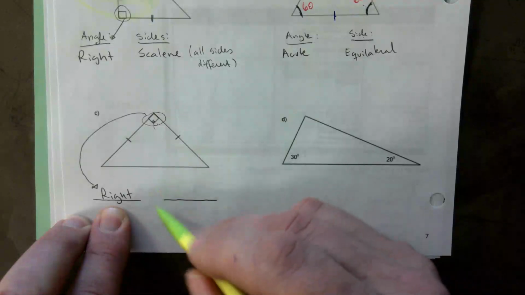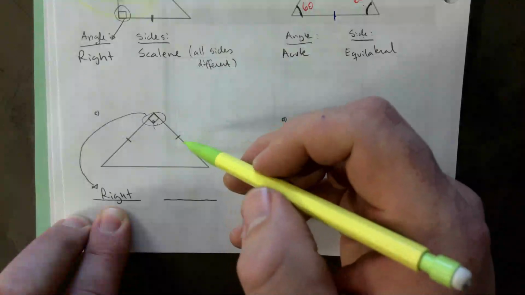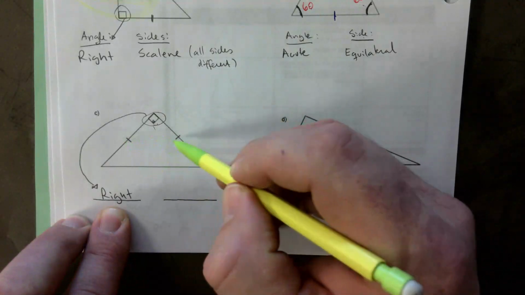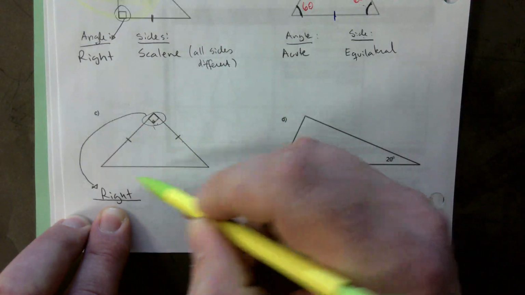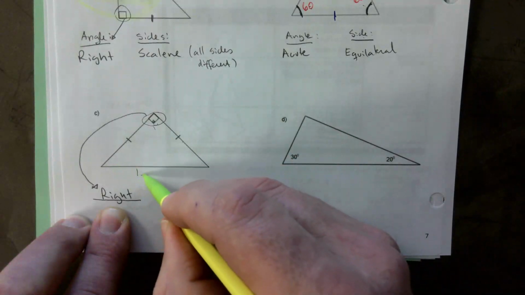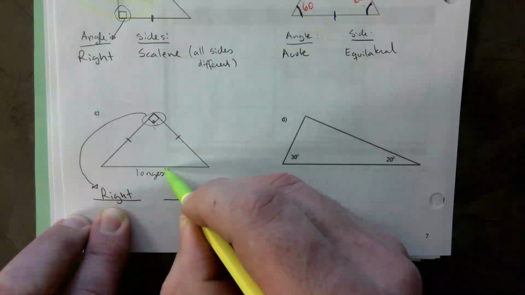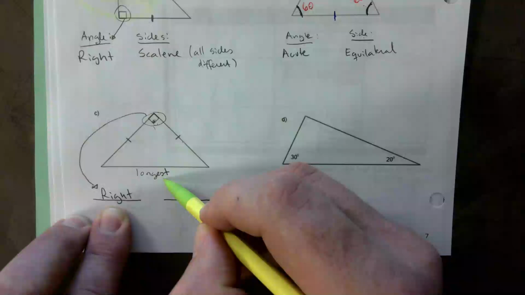What about side length? Let's think about this. These two are the same, correct? So we're in the isosceles category. This one is longer. This is the longest side, because the 90 is across from it. And remember, that's the hypotenuse.